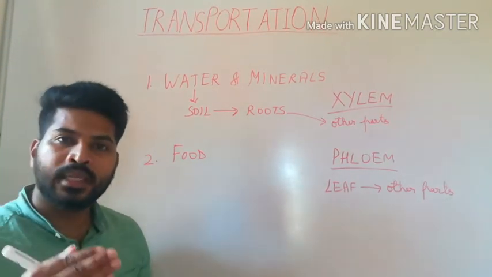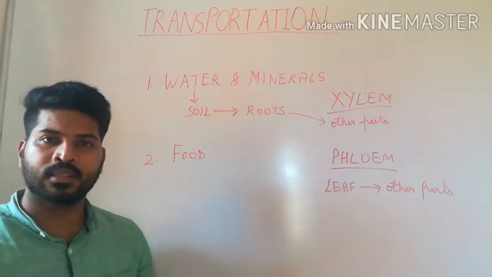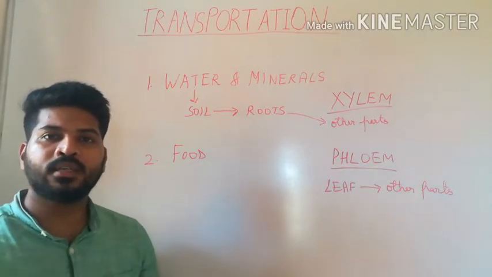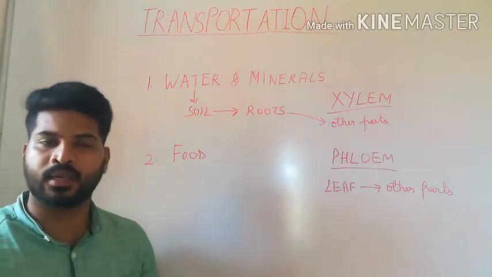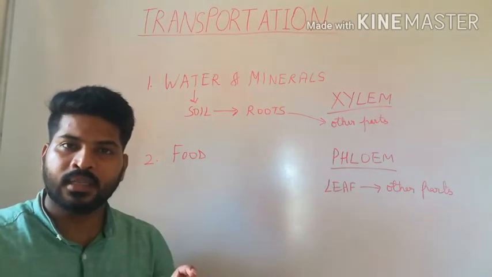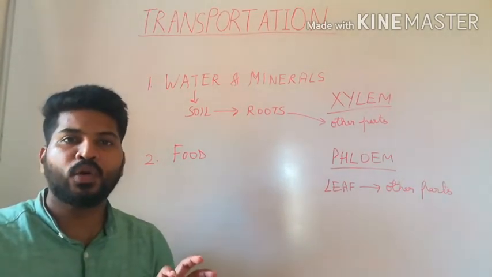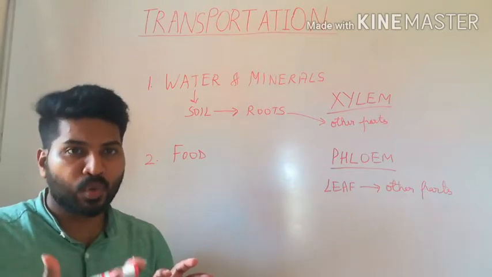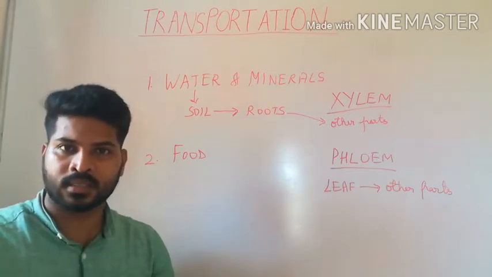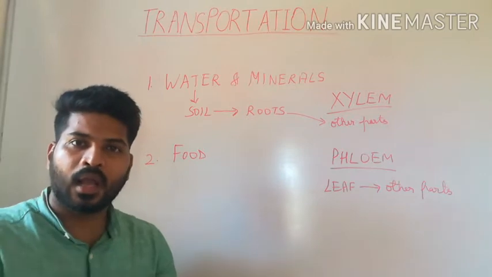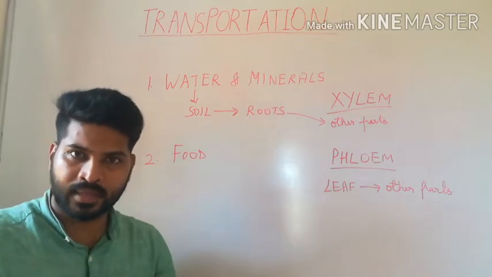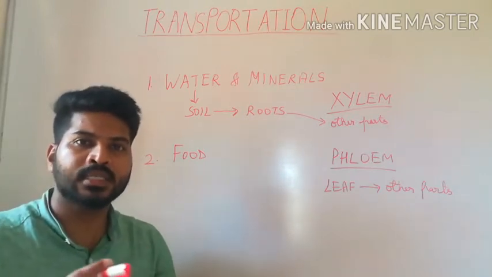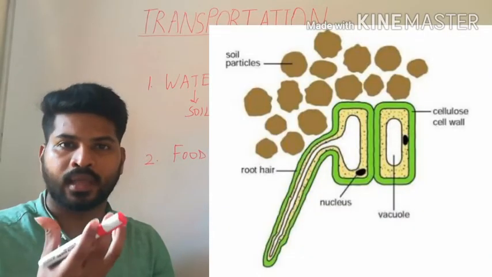Now, when these minerals enter into the cells, a concentration gradient is created. What is that? Inside the cell, there is a hypertonic condition, meaning minerals are more, water is less. Whereas in the outside environment, comparatively, minerals are less and water is high.